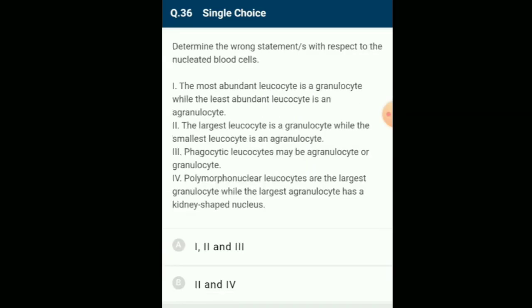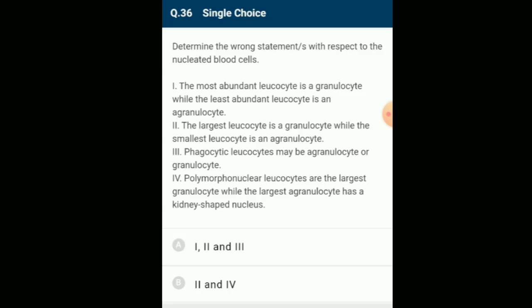Question number 36. Determine the wrong statements with respect to the nucleated blood cells. Here 4 statements are given. The most abundant leukocyte is neutrophil, a granulocyte, while the least abundant leukocyte is basophil, also a granulocyte.